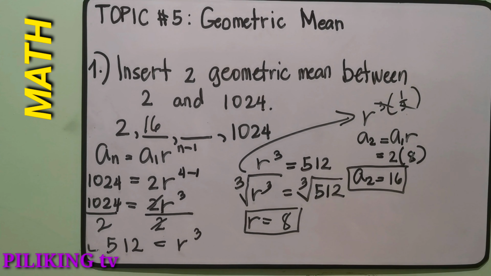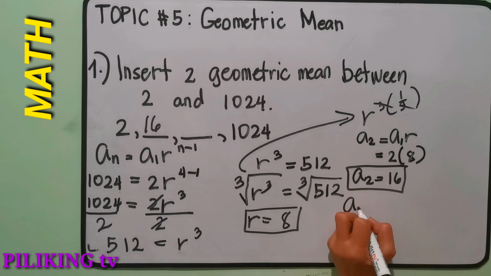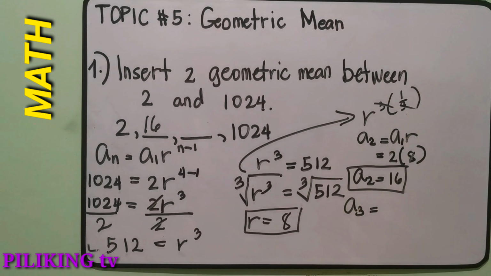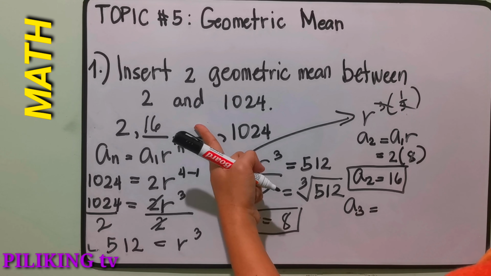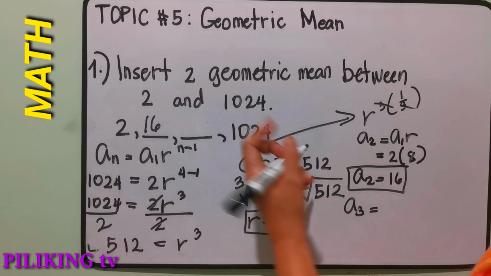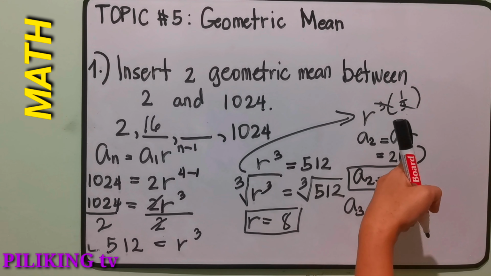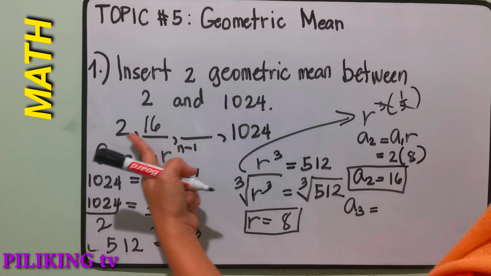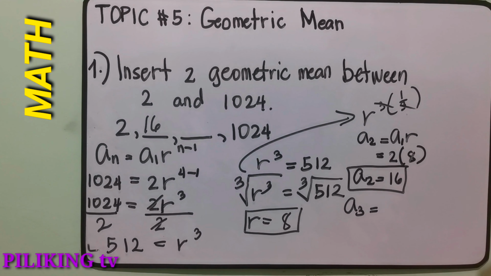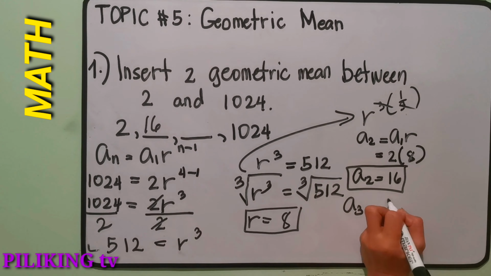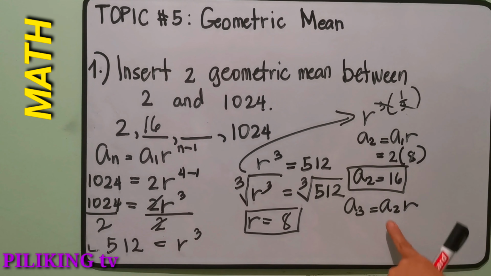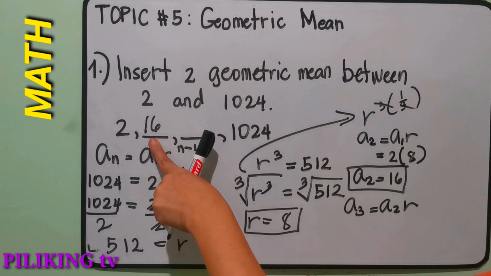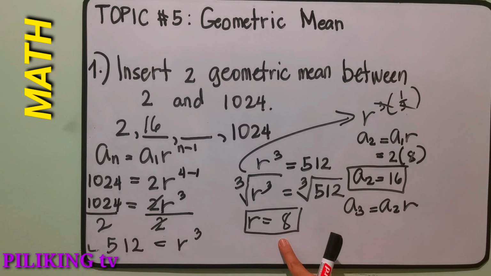Okay, how do we get now the third? So we have a sub 3 is equal to, so how do we get this? This time, do not use a sub 1. Let us now use a sub 2. Okay? So a sub 3 is equal to a sub 2 times r. So you multiply now the second term to the common ratio.